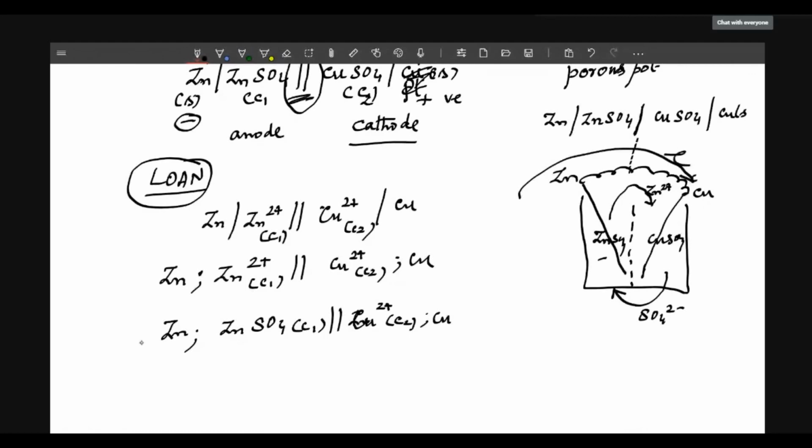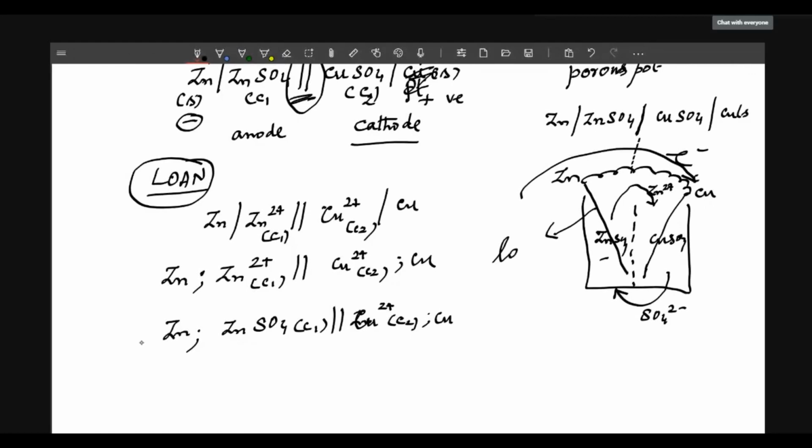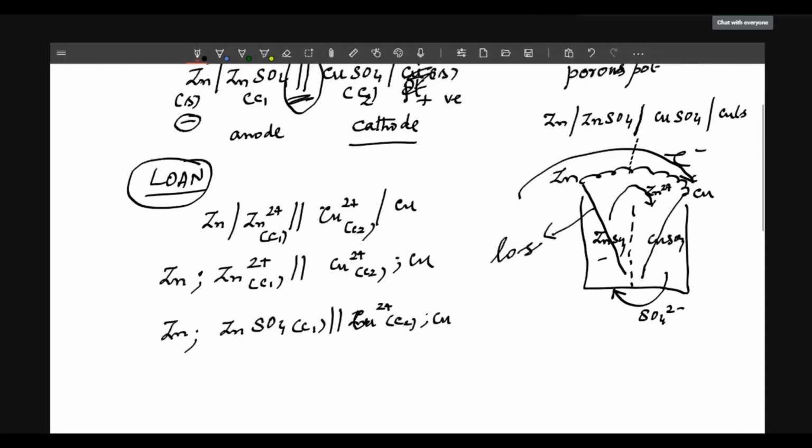Electrons move from this one to this one, and at the zinc rod there is a loss in weight, and at the copper there is a gain in weight. Whenever there is a loss or gain in weight, they are said to be active electrodes, and where there is no change in the mass before and after the process, they are called inactive electrodes.